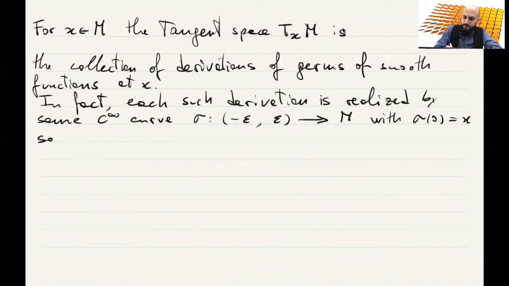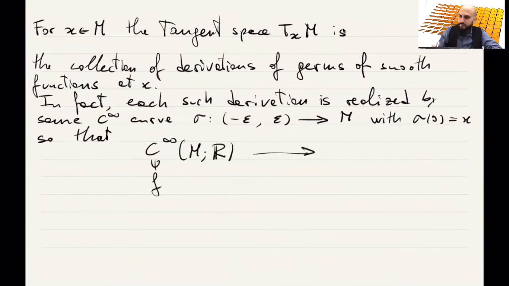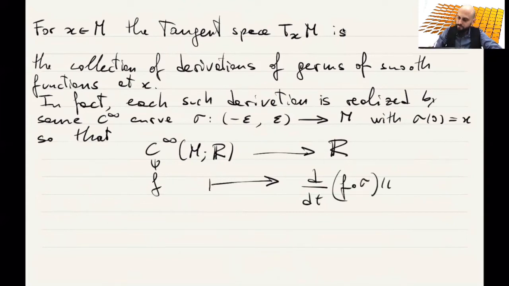And the derivation works like this. For any smooth function f from M into R, it gives a real number. What is this real number? This real number is the derivative of the function along the curve, at time 0. So this is how a curve induces a derivation.